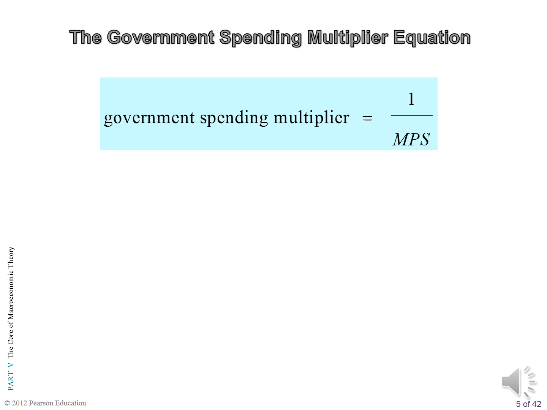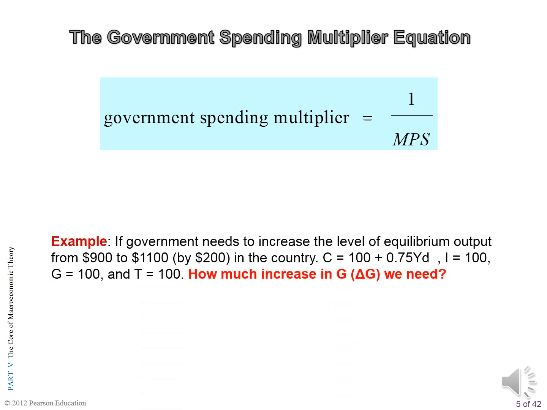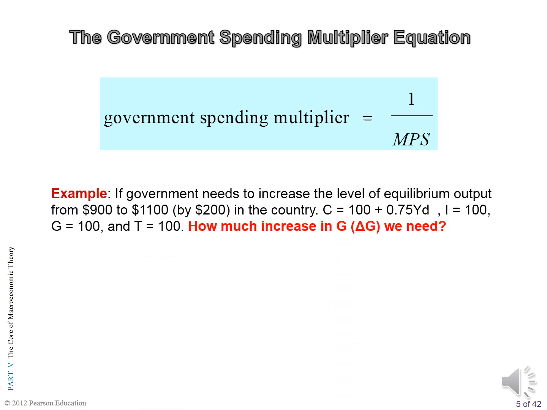Government multiplier equals delta Y over delta G. So delta Y, the change in equilibrium income because of change in government spending, equals the value of the multiplier, which is 1 over marginal propensity to save, times the initial change in government spending.